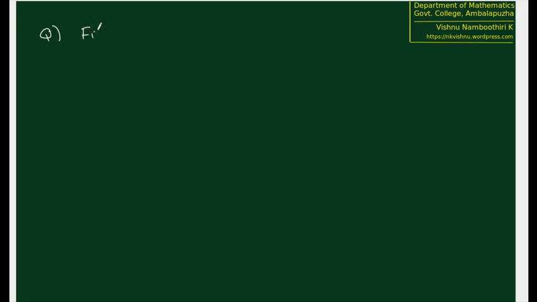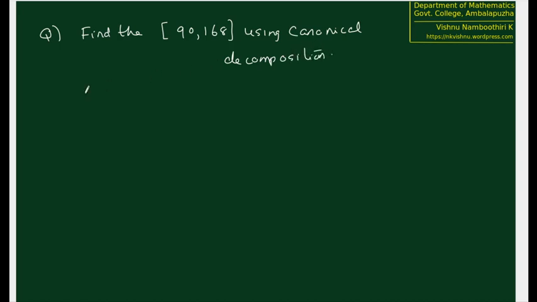So the question is to find the LCM of 90 and 168 using canonical decomposition. To find the canonical decomposition, we have to just split 90 and 168 into prime factors.